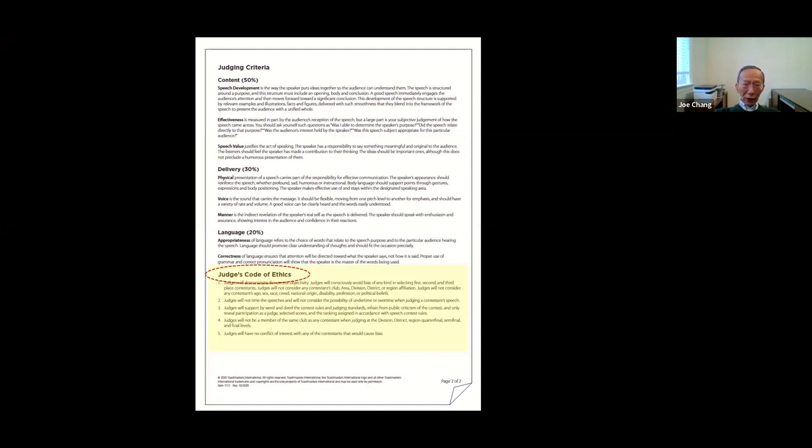If it's under time or over time, it should not matter. The judge should only score the individual based on the speech, not have any concern about the time. So that's another part which is very important to remember.